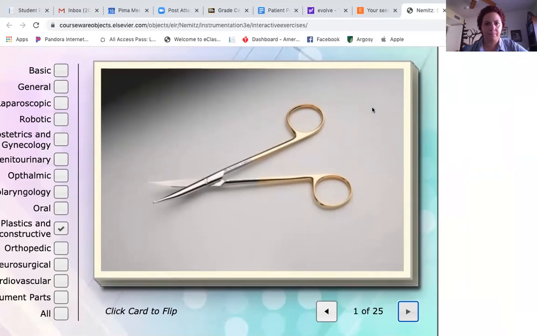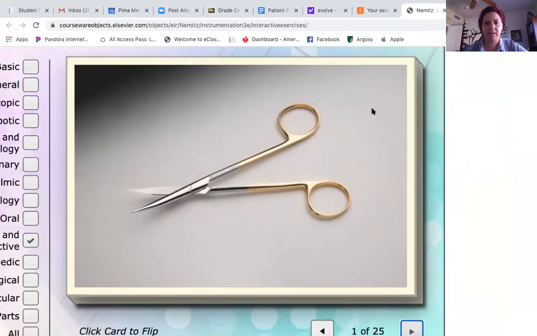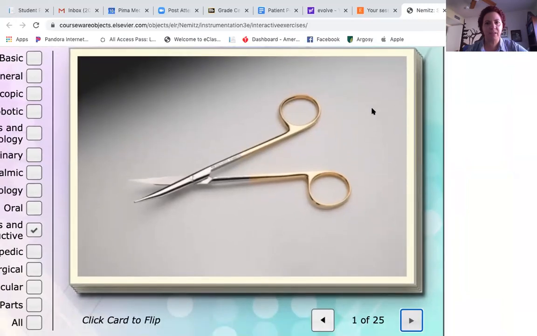Now, this is interesting because don't get mad at me. We're going to have scissors and needle holders that look pretty much the same. Don't get mad. Okay. Having said that, our first one here, I don't know if you guys have been looking at these yet. I did give a heads up that plastics was coming.